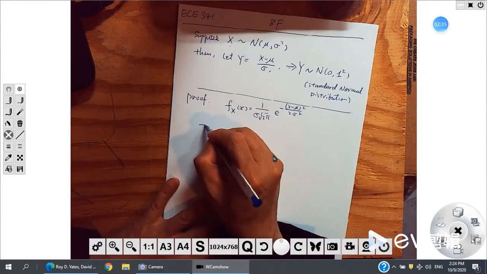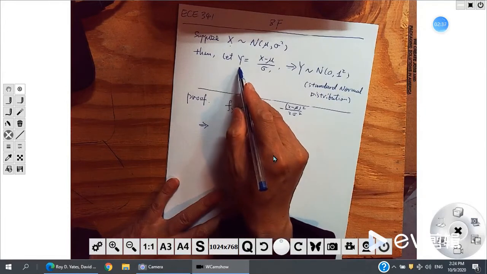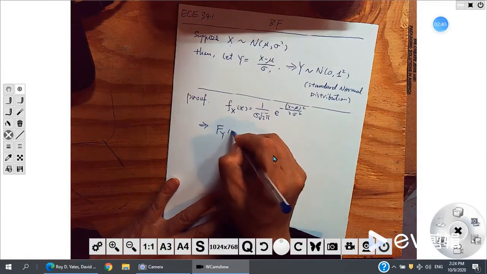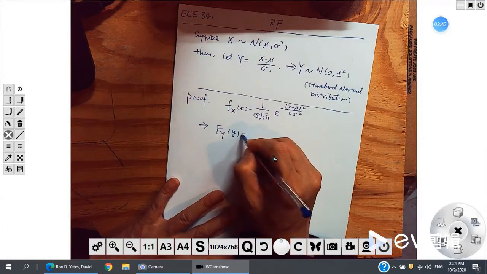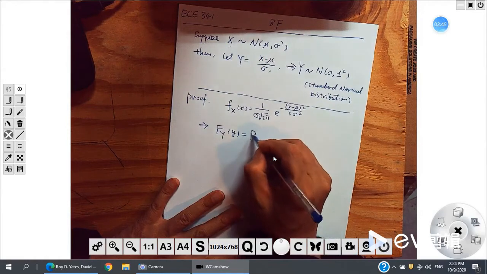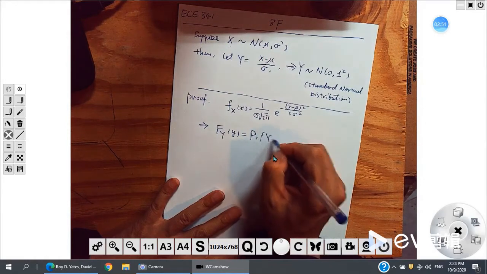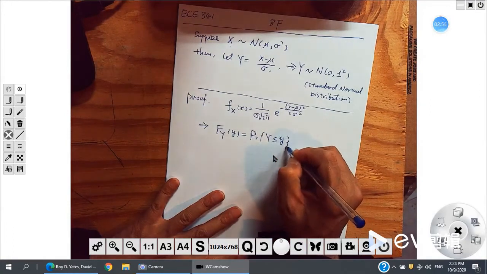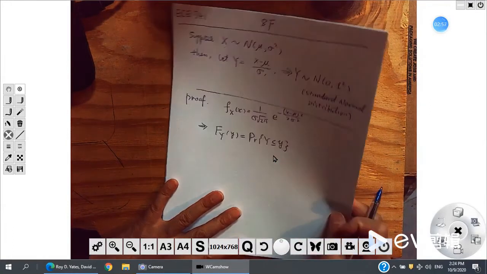Then we want to find the things related with Y. Then we have F_Y of y. That will be the probability of Y smaller than or equal to y, right? So this is the definition of CDF.